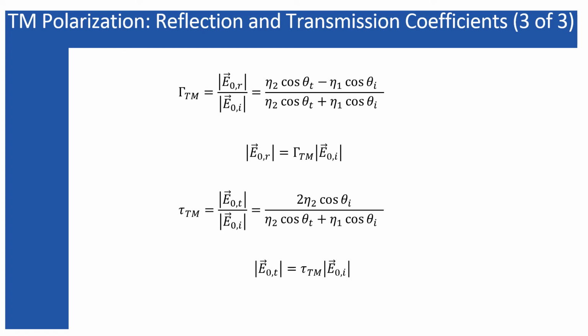So this is the reflection coefficient for the transverse magnetic polarization, and this reflection coefficient and transmission coefficient depend upon the polarization, because later on I will derive the similar reflection and transmission coefficients for the TE mode also. So the magnitude of the reflected wave can be written in this way, and similarly the magnitude of the transmitted wave can be written in this way, where the transmission coefficient can be written over here.